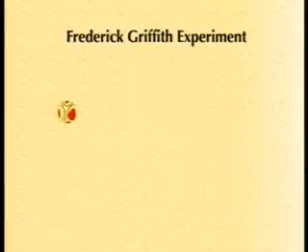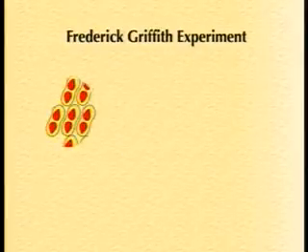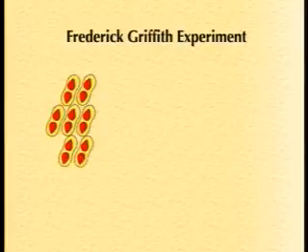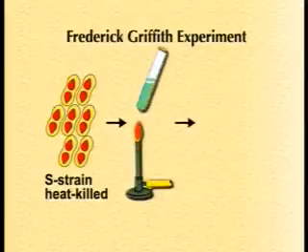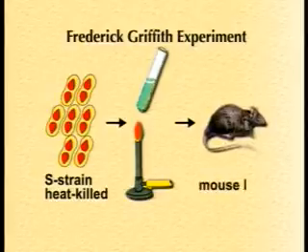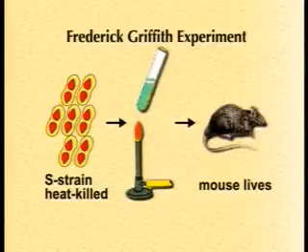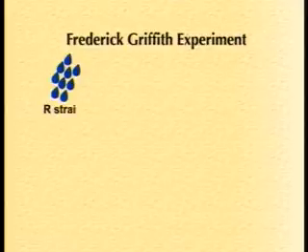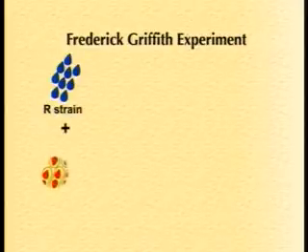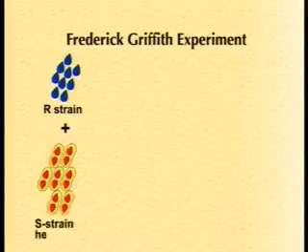Third, when the mouse was injected with the heat-killed S strain, the virulent strain, the mouse survived again. Now, another very important observation was that when the mouse was injected with a mixture of heat-killed S strain and live R strain, the mouse died.